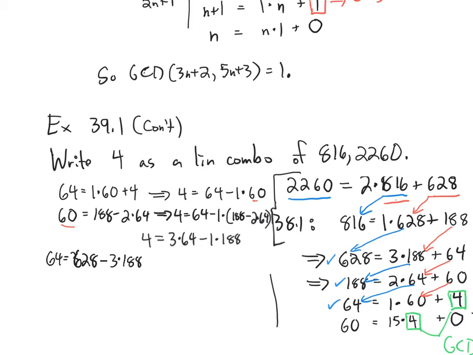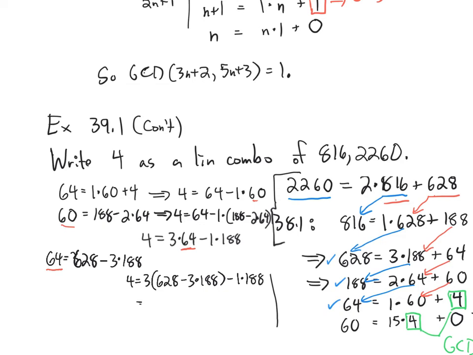So now we substitute that in. So we'll substitute 64. Here's our 64 here. So we'll substitute that in. So we get that 4 is 3 times 628 minus 3 times 188 minus 1 times 188.